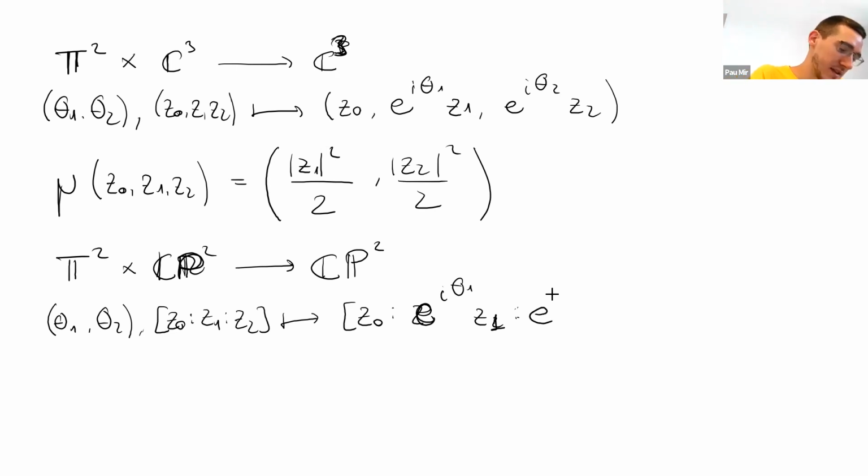But essentially what we do is normalize the moment map that we have for C3 to the complex projective plane. And as I said, I will not enter into details, but what you can think of, since we recall that CP3 is essentially C3 minus the 0 quotiented by C minus the 0.